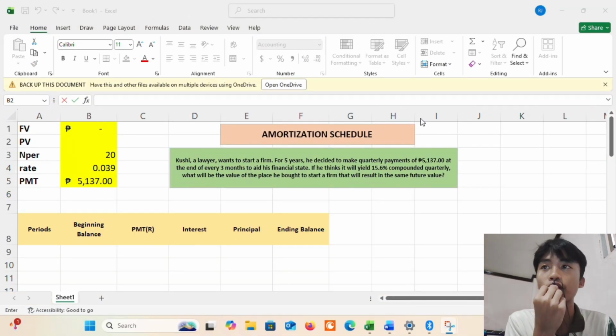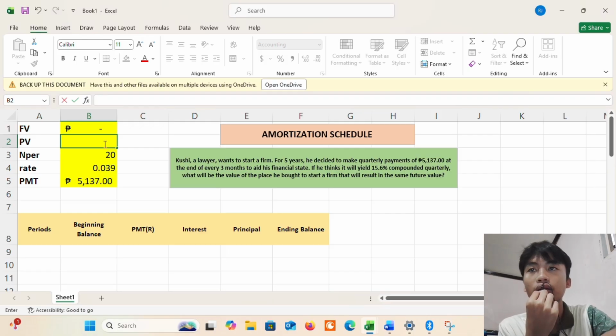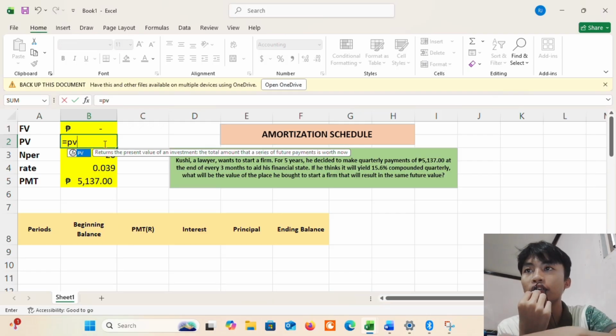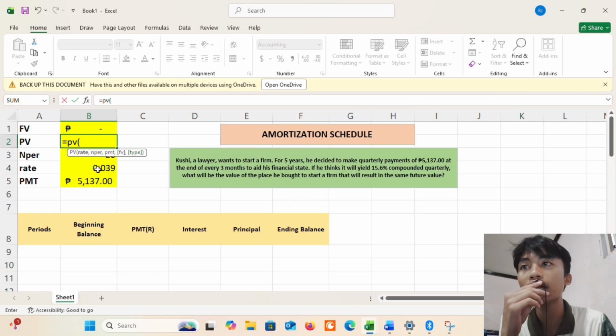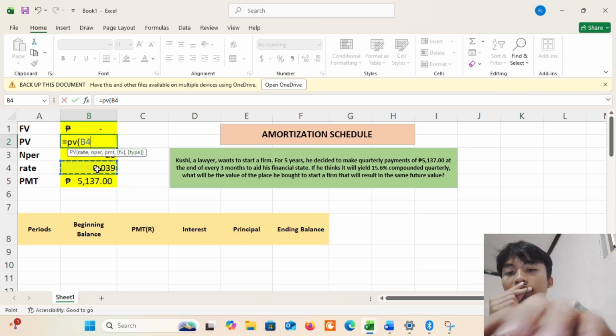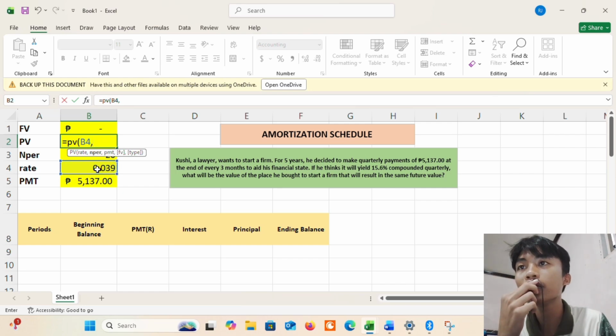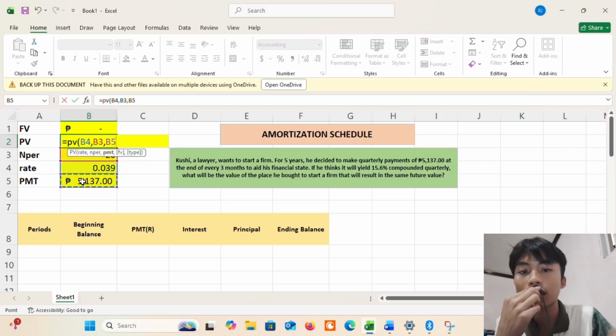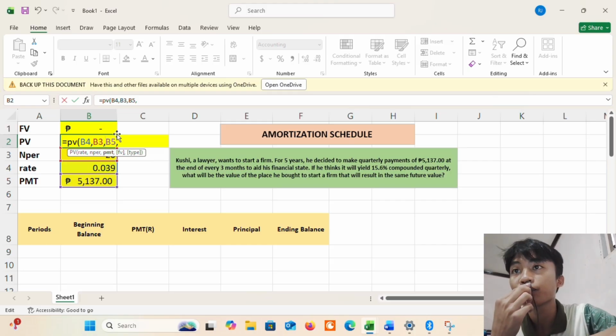So to compute for the present value, let's put an equal sign, then PV, open parentheses, then click rate, comma, then click NPER, comma, then click PMT, comma again. But don't forget to put a negative or minus in the PMT.